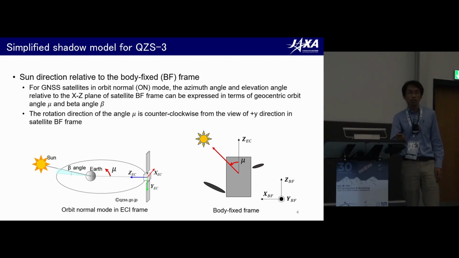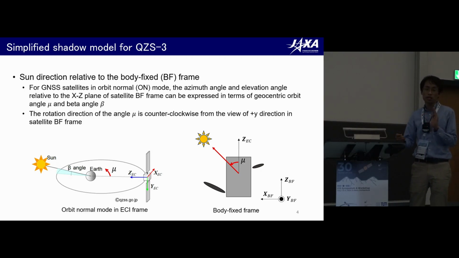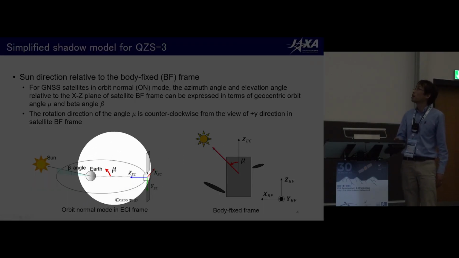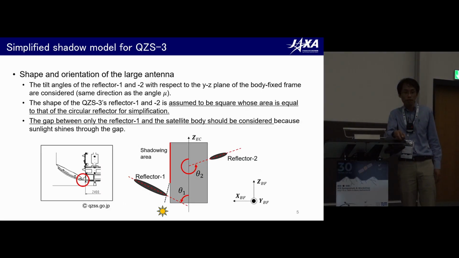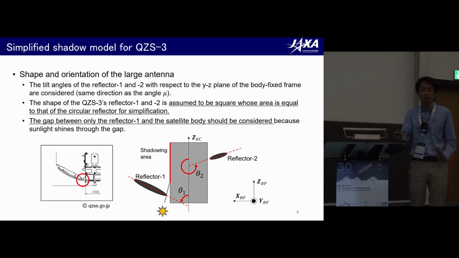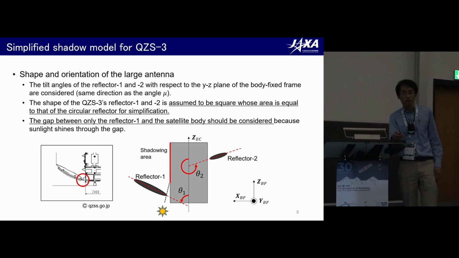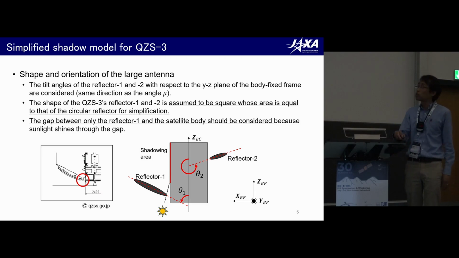For the GNSS satellite in orbit normal mode, which is the attitude mode for the geosynchronous orbit satellite, the azimuth angle and the elevation angle related to the body fixed frame can be expressed in terms of the geocentric orbit angle, mu, and the sun elevation angle, beta. And we have to consider the tilt angle of reflector 1, 2 of the QZSS satellite with respect to the YZ plane of the body fixed frame.